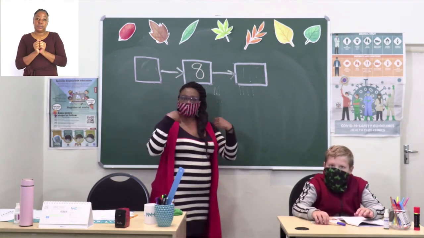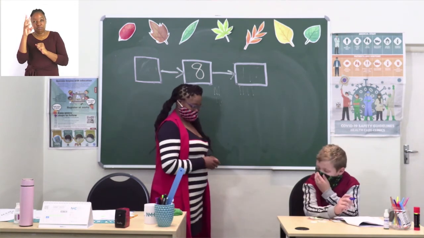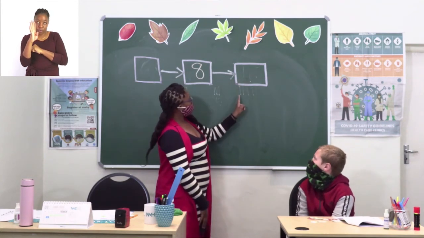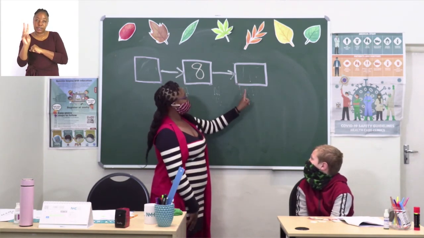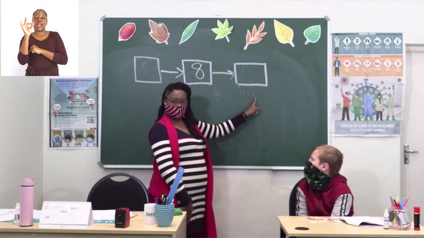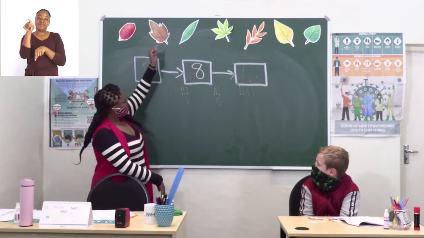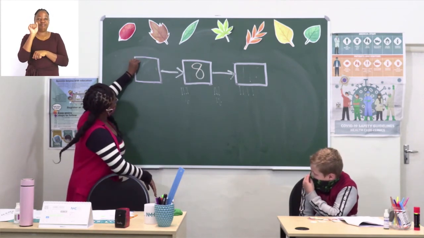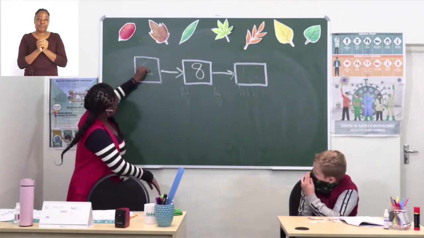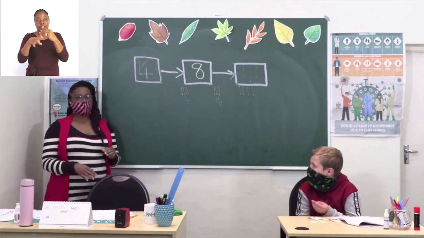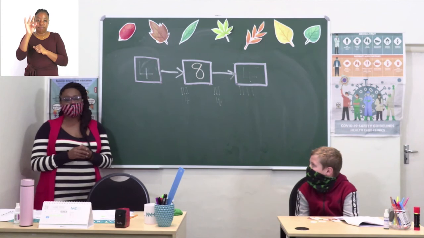And we're going to count on from the number 4. Are you ready? Okay. 4, 5, 6, 7, 8. So our answer was 8, which means that if we double it, it becomes 8. That's how we know that our answers are correct.